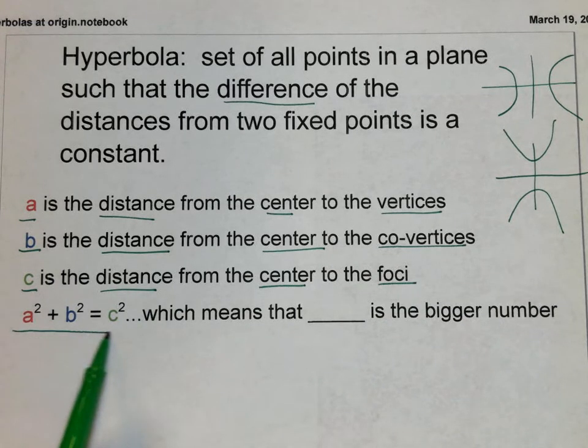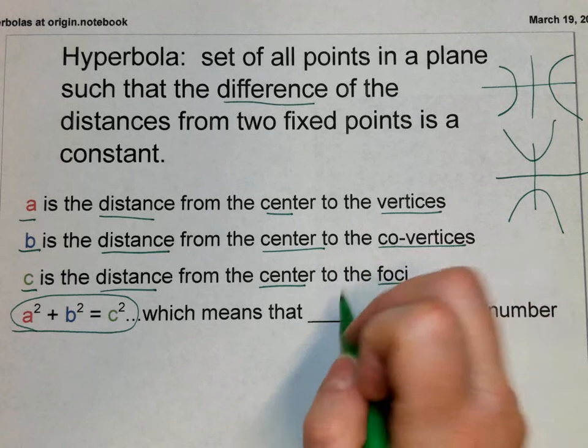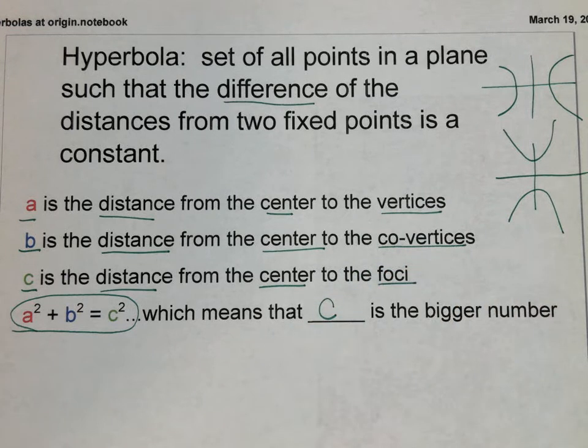Notice this one right here looks an awful lot like our friend Pythagoras. And if we remember from Pythagoras, when a squared plus b squared is equal to c squared, that meant c is the bigger number. It's no longer a, it's now c. C is now the bigger number for hyperbolas.